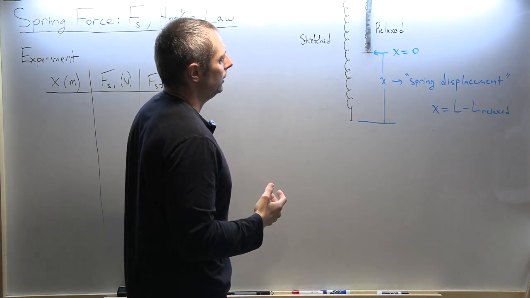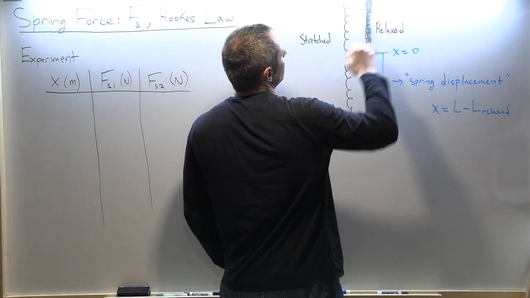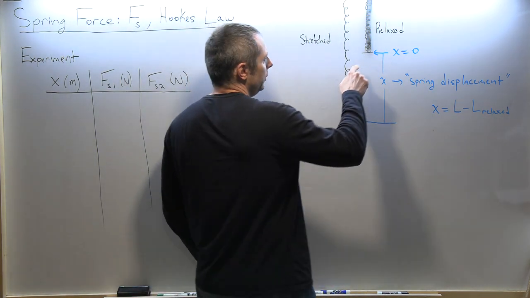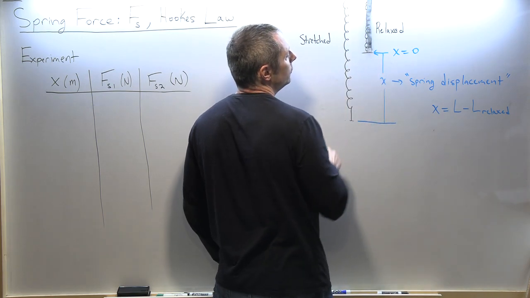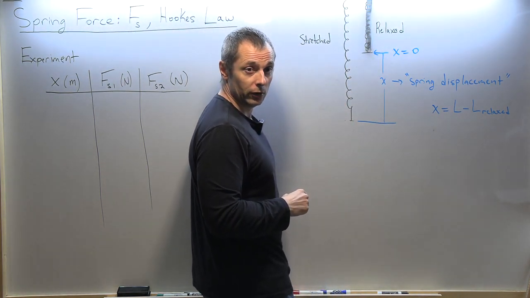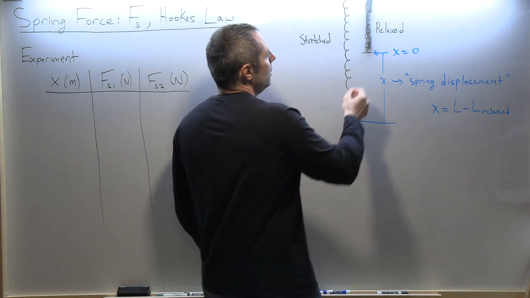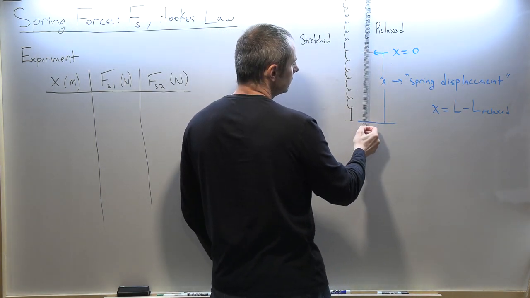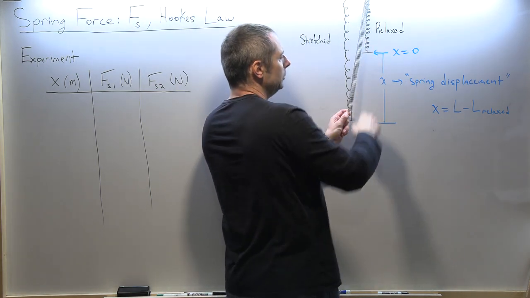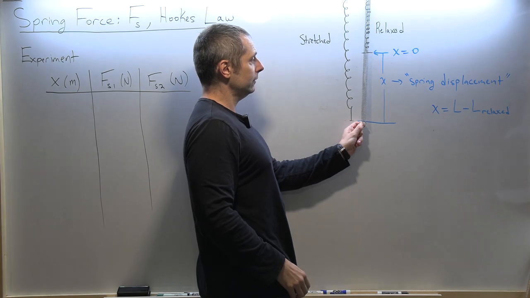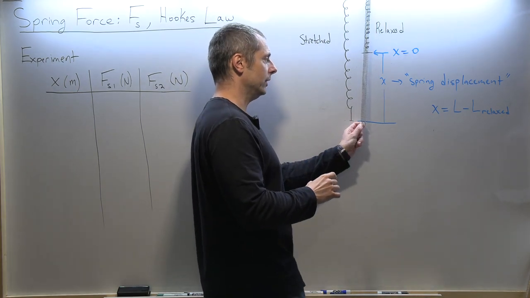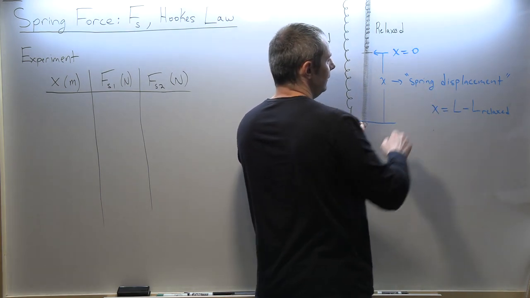specifically for all springs, they have a certain relaxed length. We define the location of the end of the spring in the relaxed state as x equals 0. Then, when you stretch the spring, we define this x as how much longer the spring got in the process of stretching it, or how much shorter when you compress it. That's called spring displacement.